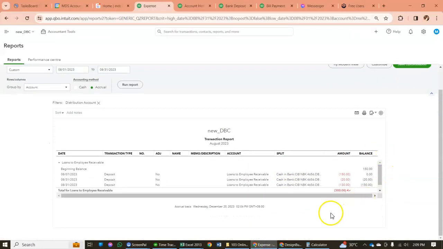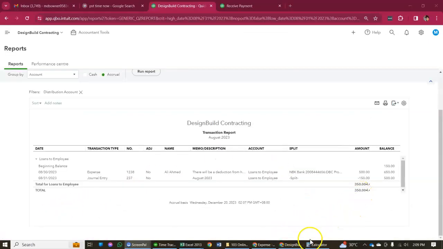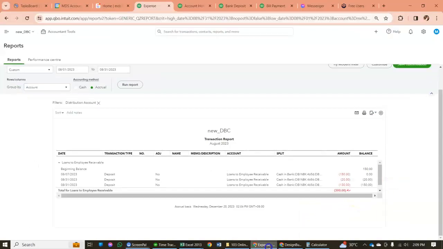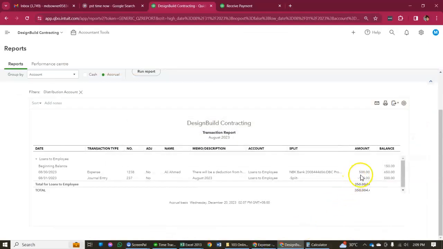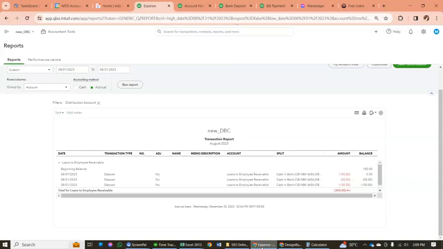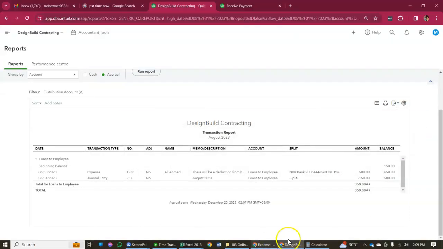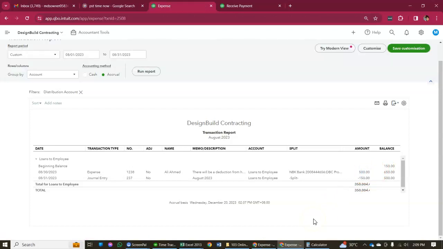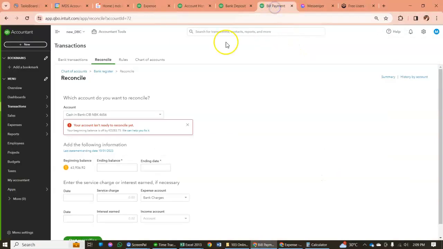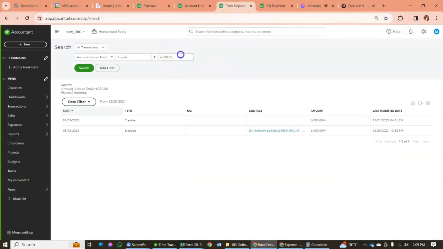So this is the month of August. In the old there's a journal, and there is a 500 additional loan. There is a journal of 150. So this one is 500. We don't have 500. Let's try to check if we have a 500 transaction in here.